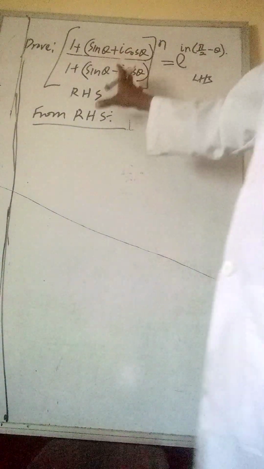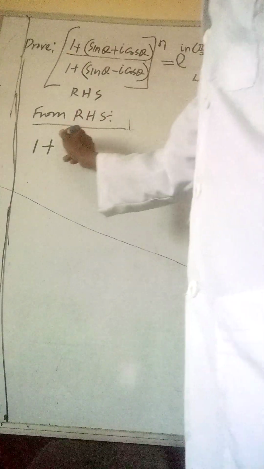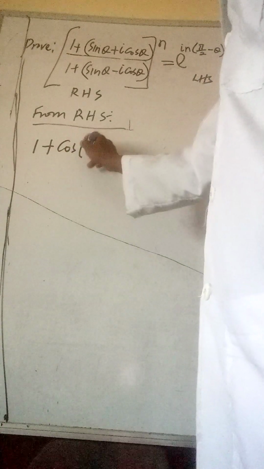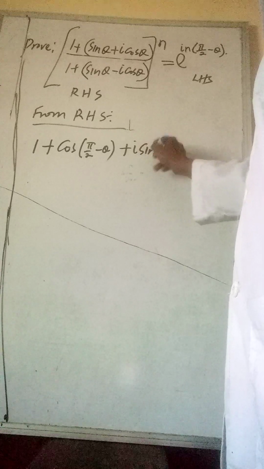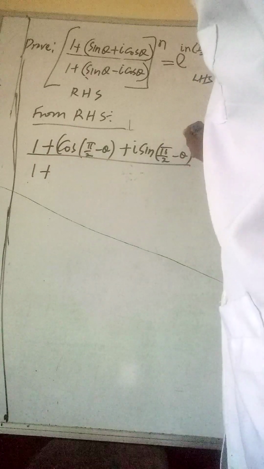Now, starting from the right hand side, I'll write 1 plus, instead of writing sine theta here, it will be cosine of pi over 2 minus theta. Then plus imaginary, instead of writing cosine theta, it will be sine into bracket pi over 2 minus theta. All over, same will be done here. So let me put this in bracket.